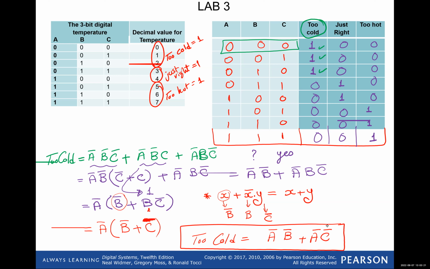Now let's look for the just right. For the just right, I have only two minterms here, which is minterm number 3 and minterm number 4. So let's do the just right. That is minterm number 3 and minterm number 4. So this is going to be, let's try to write it down here.